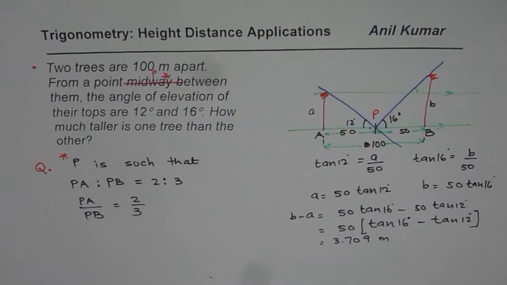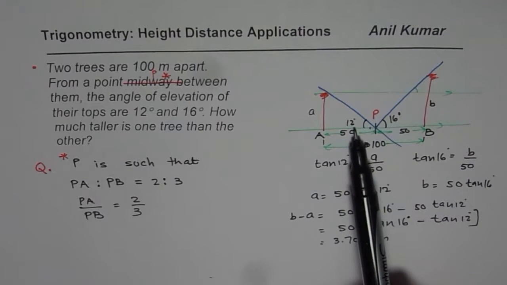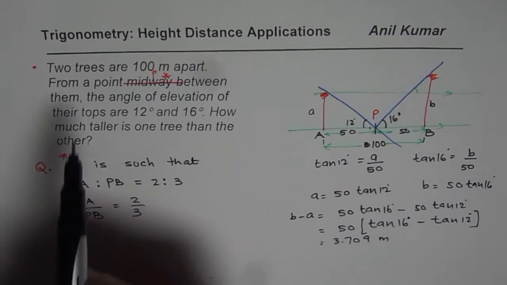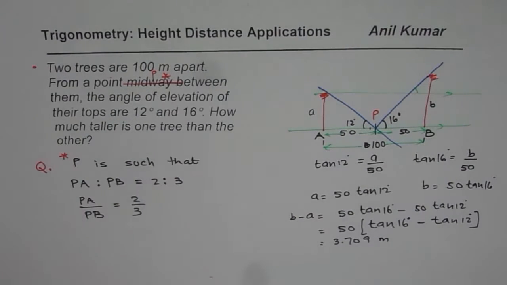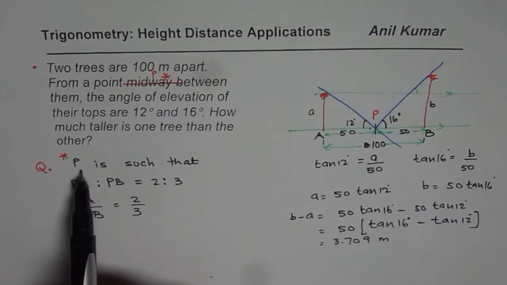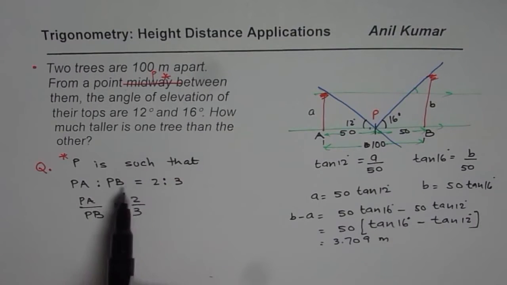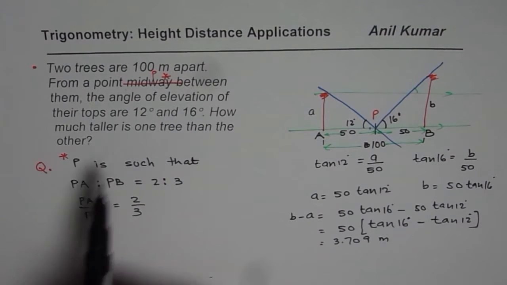It is just possible that if I move this, you may not get a meaningful answer, but anyway, that is the question for you. Two trees are 100 meters apart, from a point P such that PA is to PB is 2:3. That's the distance ratio.